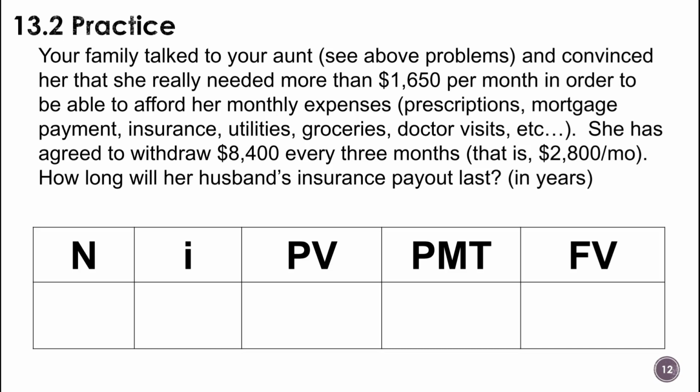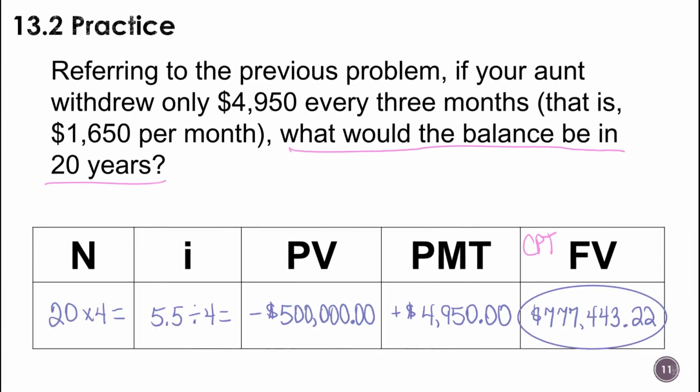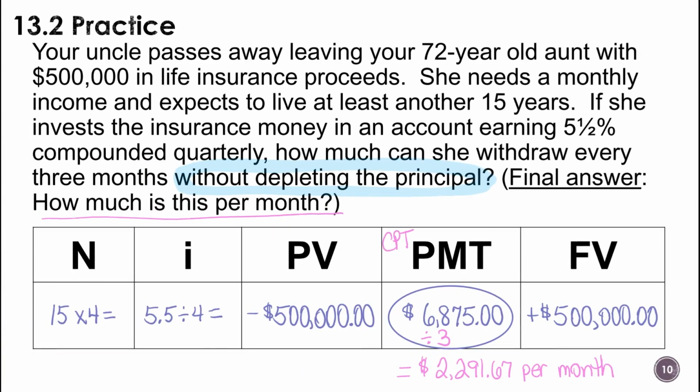So it's a different kind of problem this time. Interest rate is still the same though. So it was 5.5% divided by 4 because we are compounding quarterly. It's $500,000 is still the amount in the account, and that's consistent with what we've done in the last couple of questions, right?